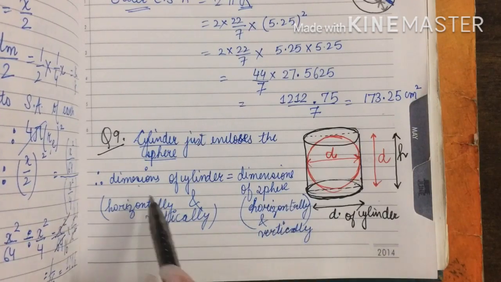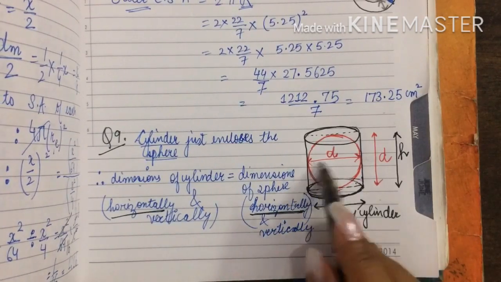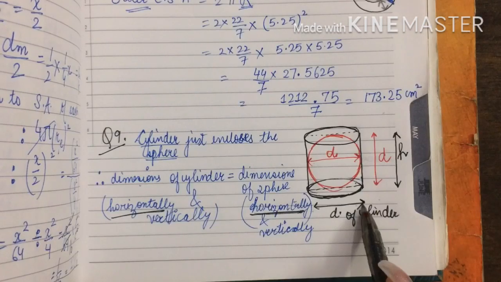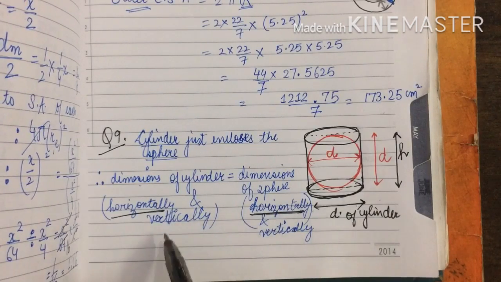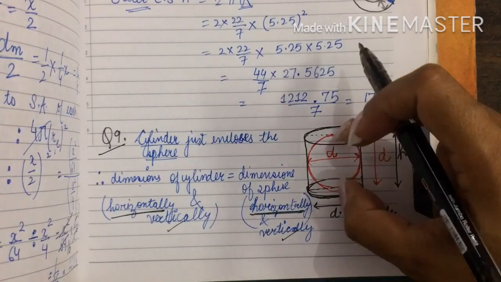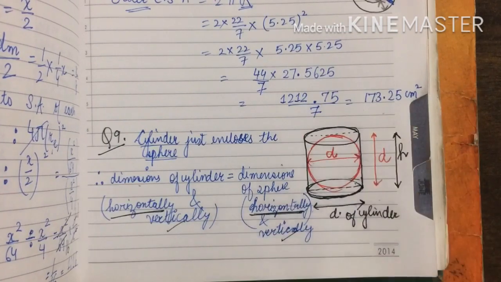So if we are measuring the horizontal dimensions, the diameter of the sphere is equal to the diameter of the cylinder. And if we measure the vertical dimensions, for the sphere the diameter is equal to the height of the cylinder.